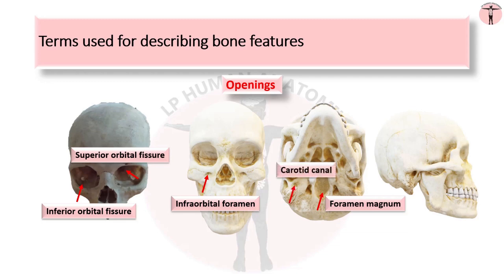Canal is elongated opening passing through the bone having two ends like carotid canal of temporal bone. Meatus is a passage or opening leading to the interior of the body such as external acoustic meatus in the temporal bone. With this, we complete the terminologies used for describing the bony features.